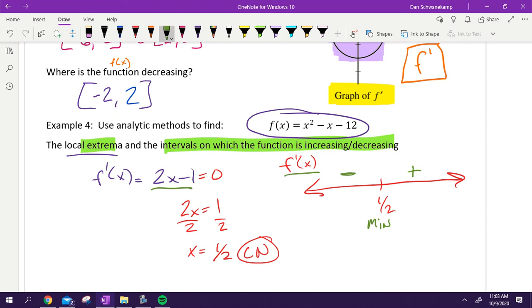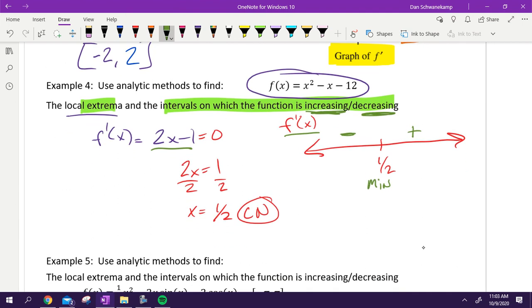That's the minimum. Now it does go on and ask you, when is the function increasing and decreasing? This is super easy. All you have to do is translate this. Okay? So f is increasing and f is decreasing. When is f going to be increasing on this graph?